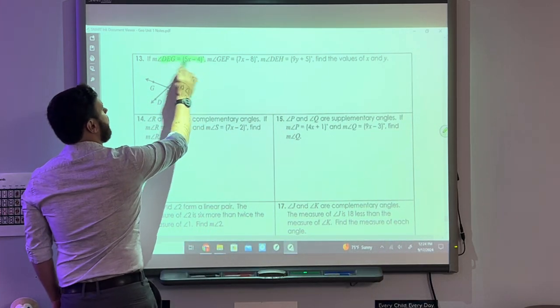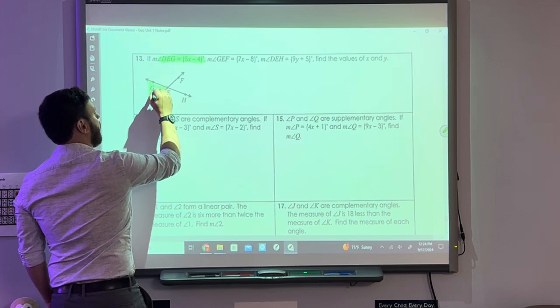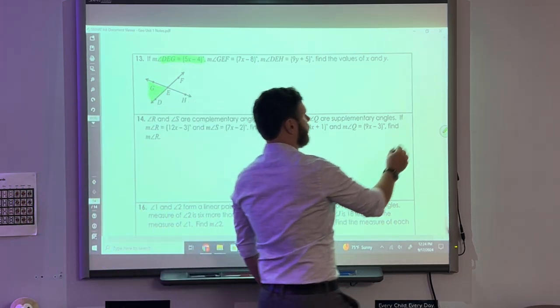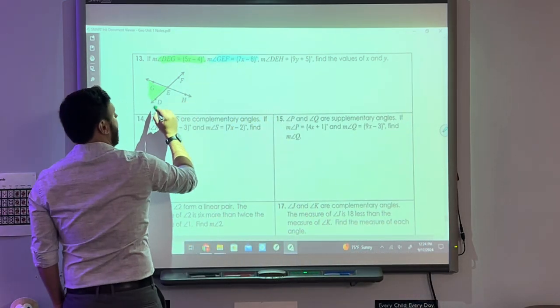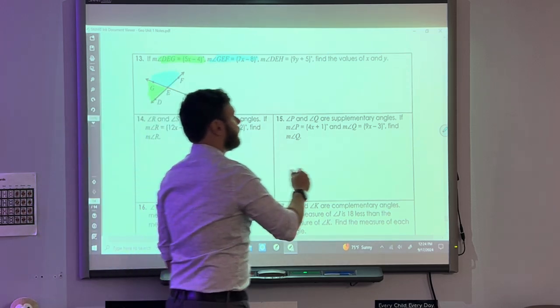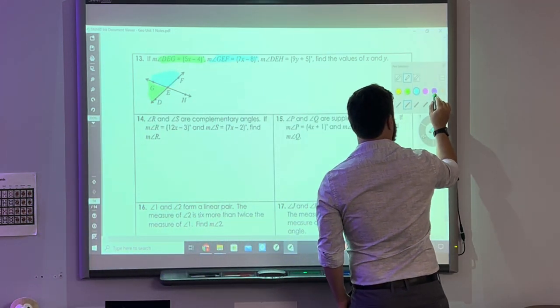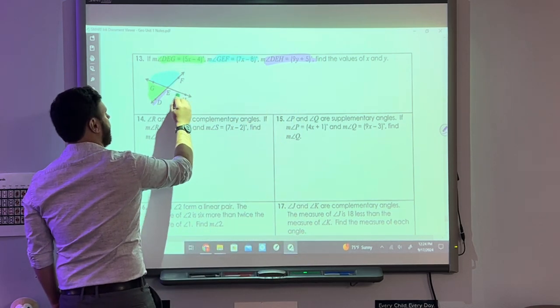If DEG is this, DEG, that's this here. And GEF, G to E to F, boom, this top one here. Last but not least, DEH is that.